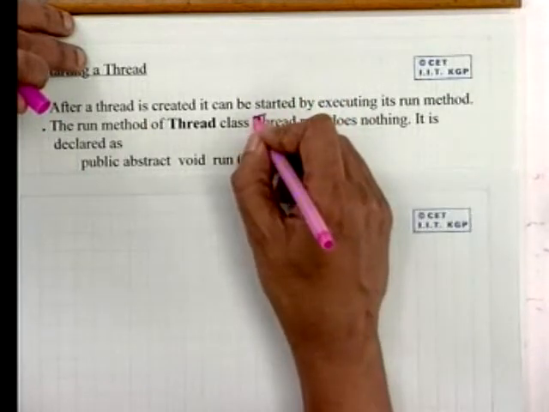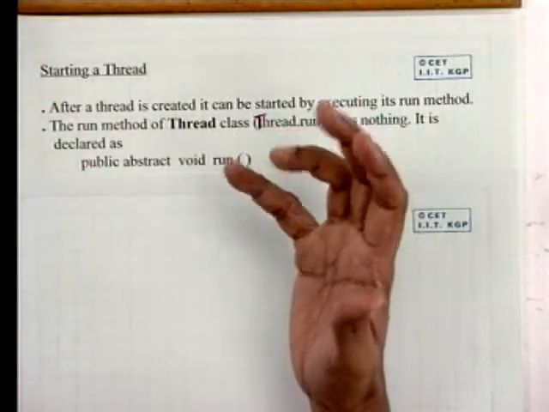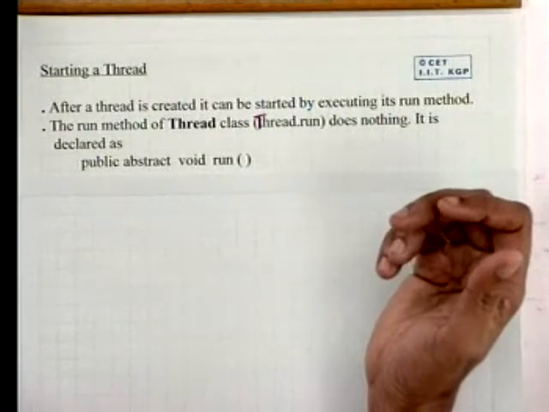So what will be necessary, as we have discussed earlier, is that there are two ways to define concrete code for running a thread. That can be done either by defining a subclass of the Thread class, where you extend the run method, or by implementing Runnable. These two we have discussed when we were talking about how to have concrete methods for an abstract class.